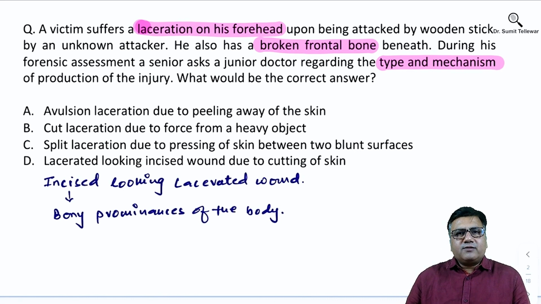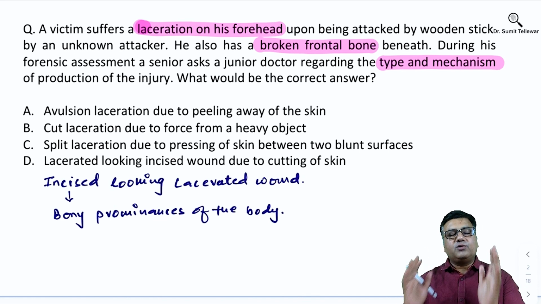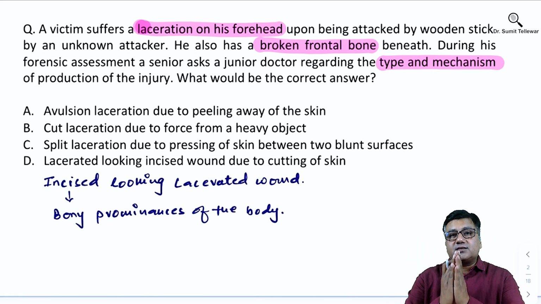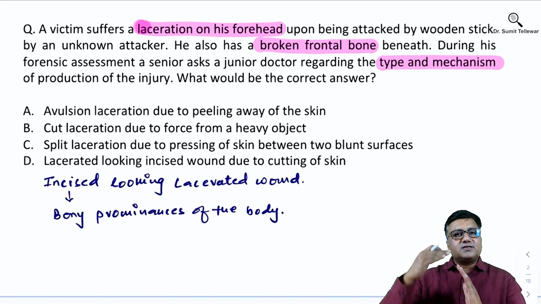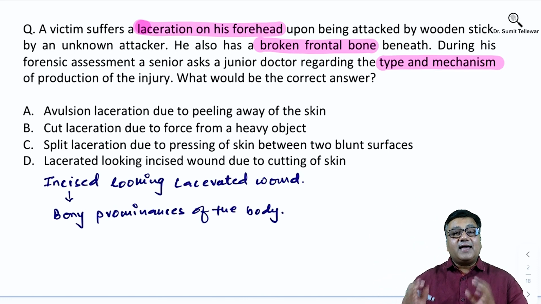And why does this phenomena happen? Because when this happens, that is a blunt weapon hits on the bony prominence of the body, the skin gets pressed between two blunt surfaces. So one blunt surface is the weapon which is hitting the area of the body from the top, and the other blunt surface is the bone underneath the skin itself.